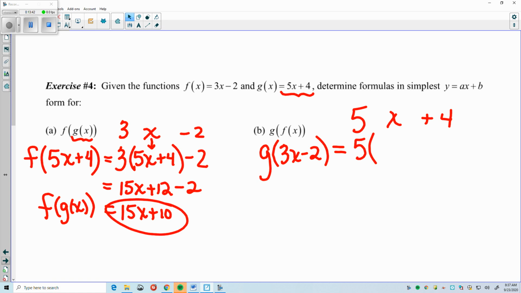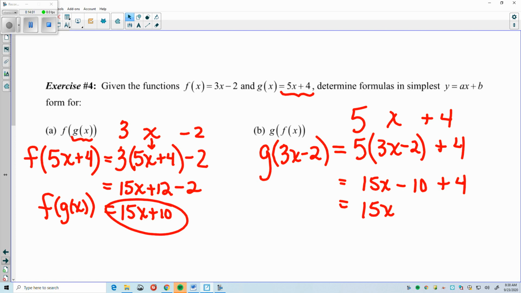I'm going to replace the x with 3x minus 2, and then I'm going to add on 4. So if we expand this out, I have 15x minus 10 plus 4. And then to simplify, combining our constants, we're going to have 15x minus 6. So here is our g function evaluated with the f function plugged into it.